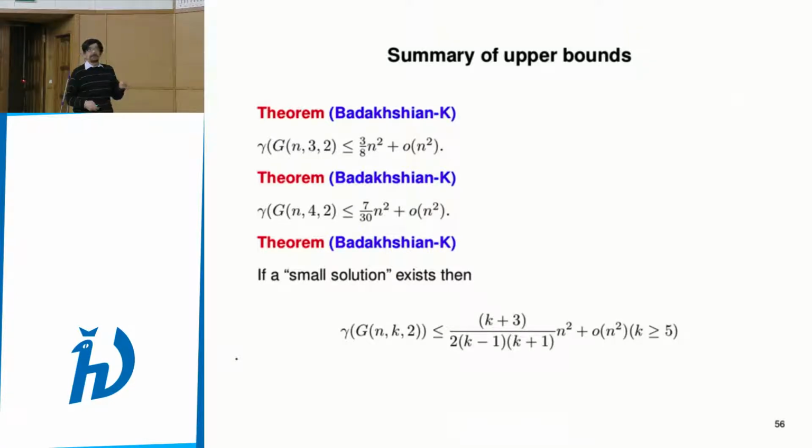So what do we know until now? We have upper bound for k equals 3, 4, and I call this a theorem again, that we have this conjectured upper bound. It's easy to calculate that if you have a small design, then we can construct this much, but it's missing.